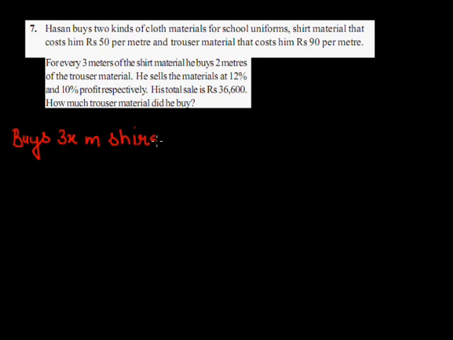If he buys 3x meter of shirt, he will buy 2x meter of trouser, because it is given in the question that for every 3 meter of shirt material, he buys 2 meter of trouser material.